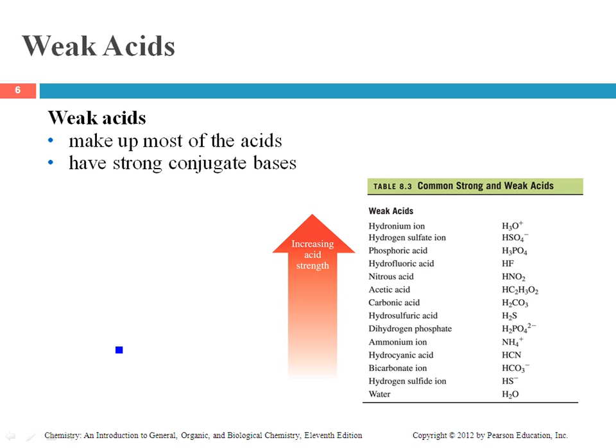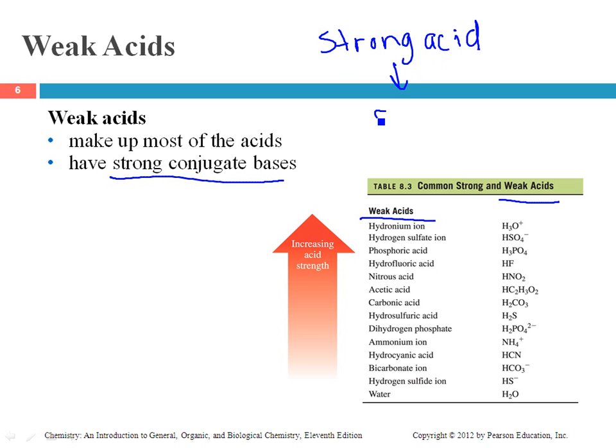Another thing that's unique, your book doesn't go into it a whole lot, but the conjugate base of a weak acid is going to be strong. So they have an inverse relationship. If you have a weak acid, so this is the list of weak acids, the conjugate base is going to be strong. If you have a strong acid, the conjugate base will be weak.